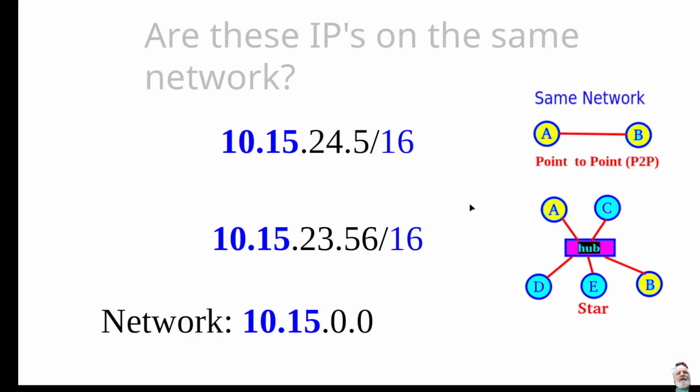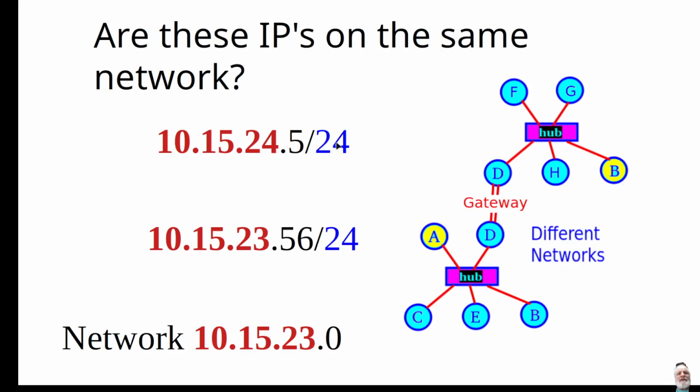However, if we change this to a /24, then what that says is 10.15.24 is the network for the top one, and 10.15.223 is a different network. So B would be on a different network. Therefore, to communicate, you would have to have a gateway.